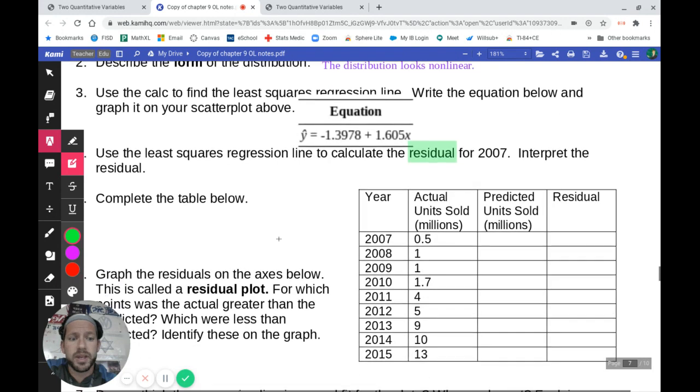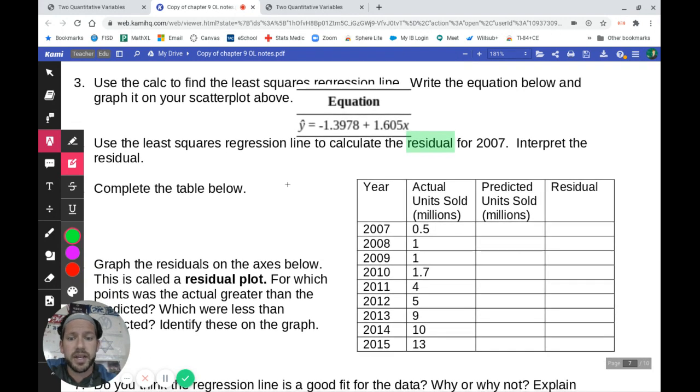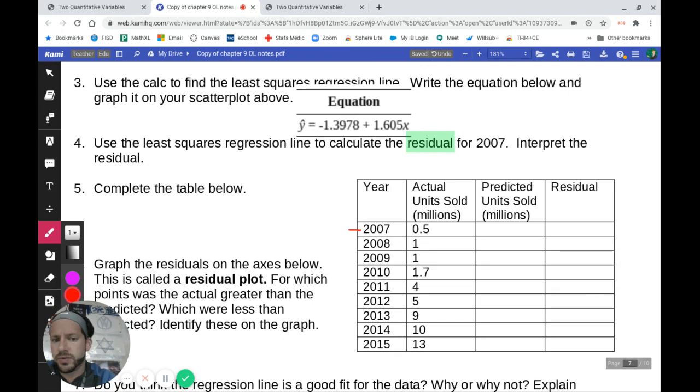So what we can do is we can take this predicted units sold. So in this first year, 2007, 500,000 units were sold, and what was predicted to be sold was about negative 1.4.